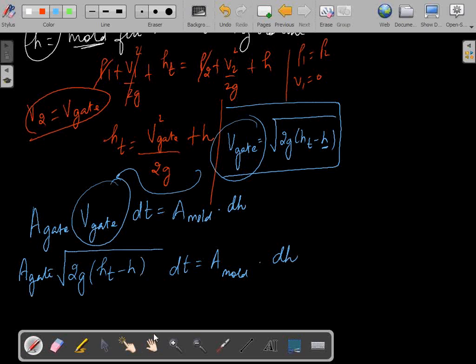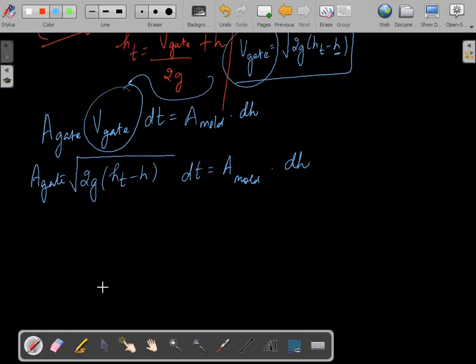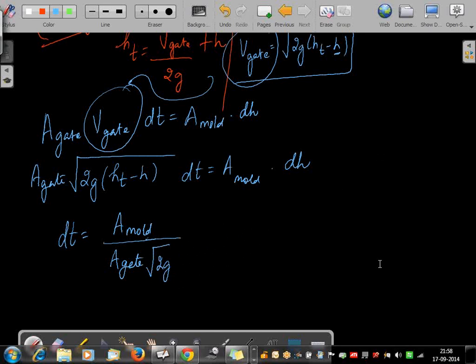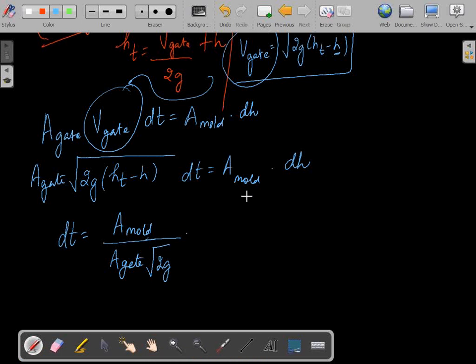Okay, let me rearrange this and you would get dt is equal to A mold upon A gate into root 2g, and you will have dH upon root ht minus h. This is what you will have.